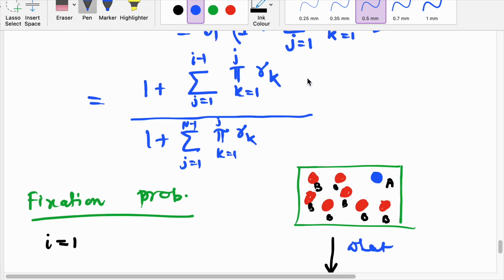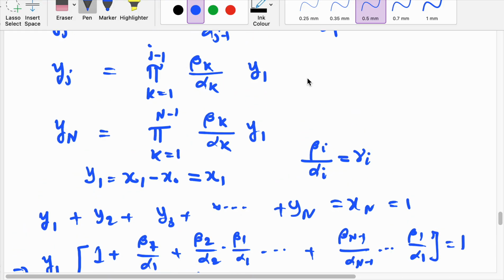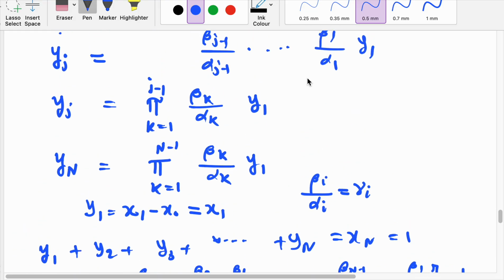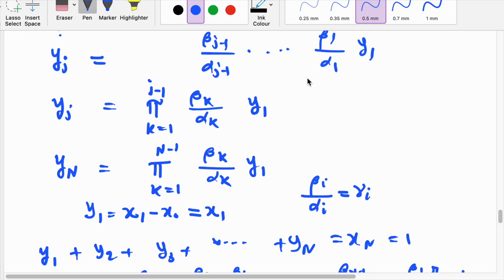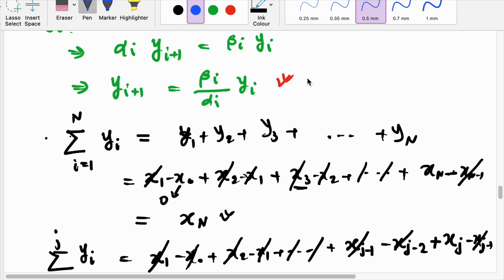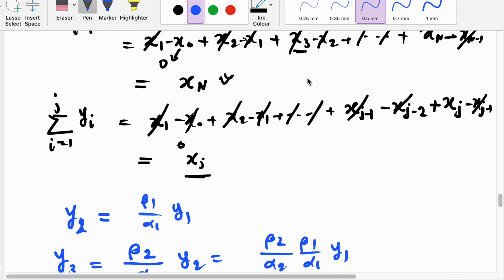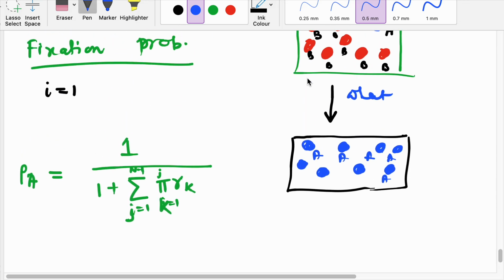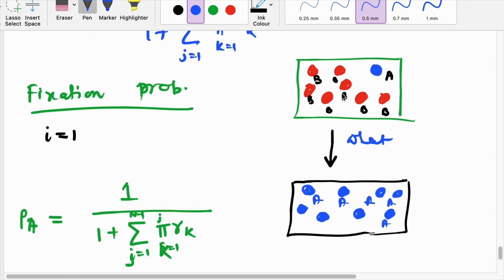No, no. You see, our population state will gradually go towards all A, because of the dynamics happening here. All is happening in one step. Only one individual is born and one individual is dying.